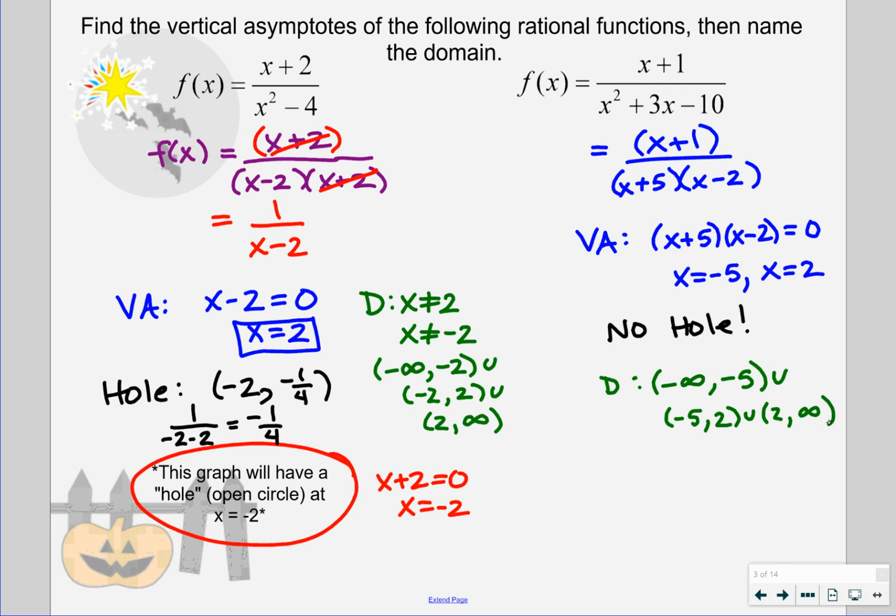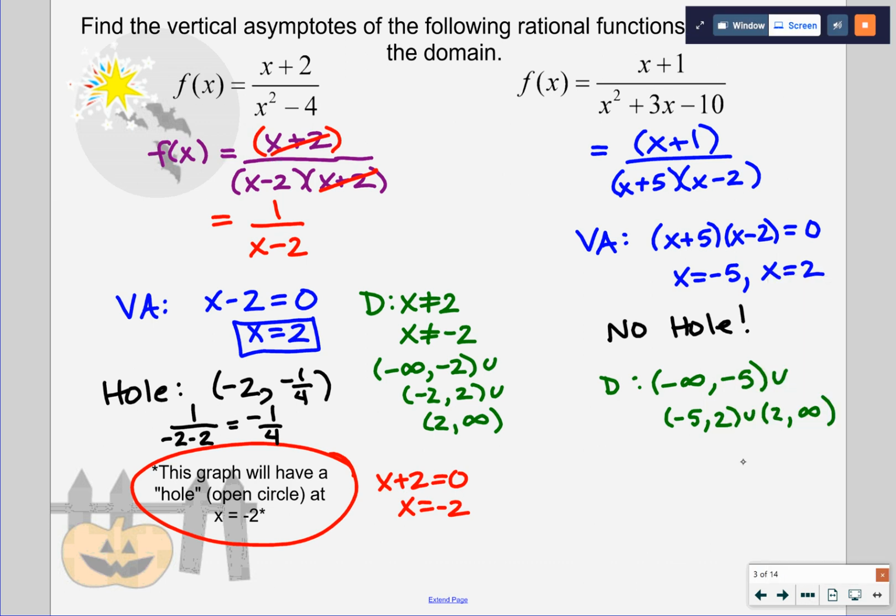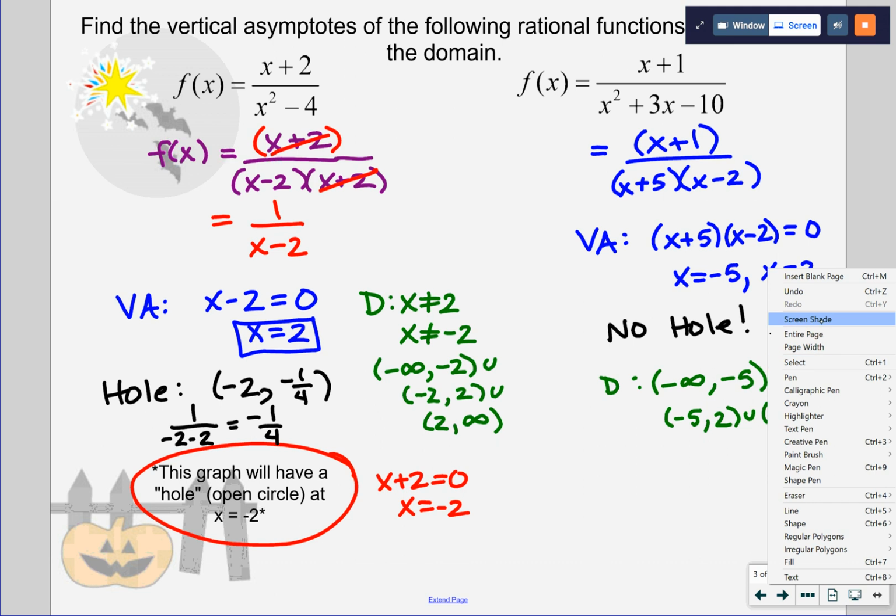Other questions? Okay. Maybe let's do one more of those real quick. You can just put it in your margin somewhere. All right, let's say, I gotta make one of these up. Insert a blank page here somewhere. There we go. All right, let's say I have this function.